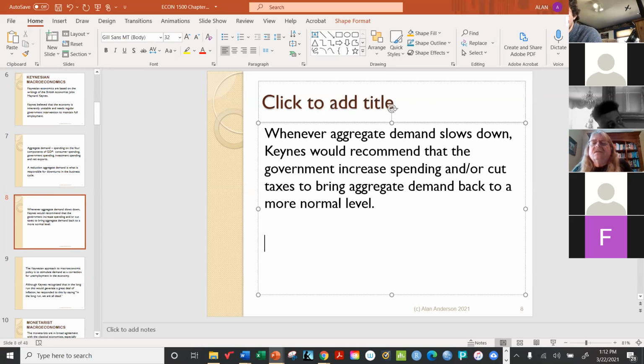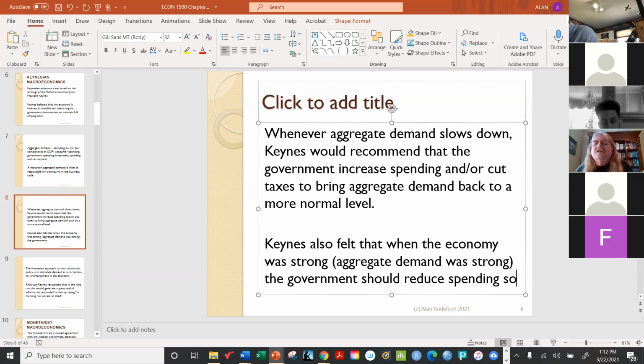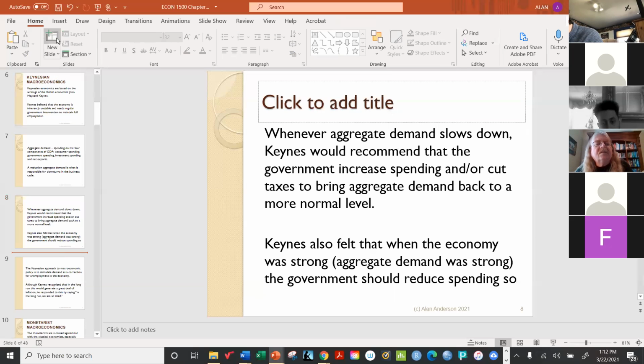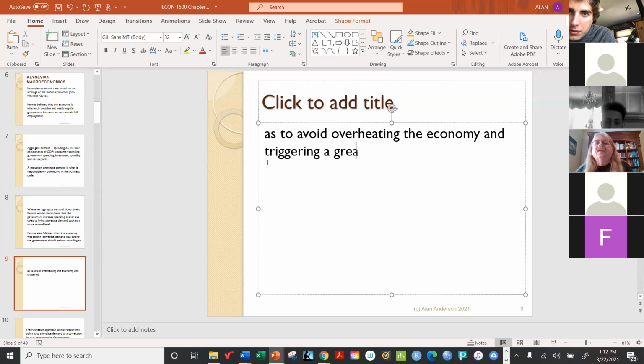And his followers didn't seem to understand in a lot of cases that Keynes also felt that when the economy was strong, in other words, aggregate demand was strong, that the government should stop spending so much, so as to avoid overheating the economy and triggering a great deal of inflation. This is the part that his followers ignored.